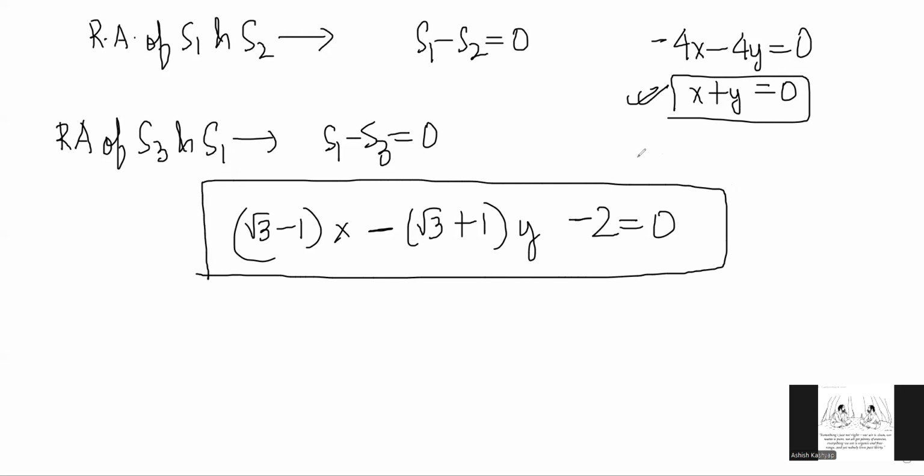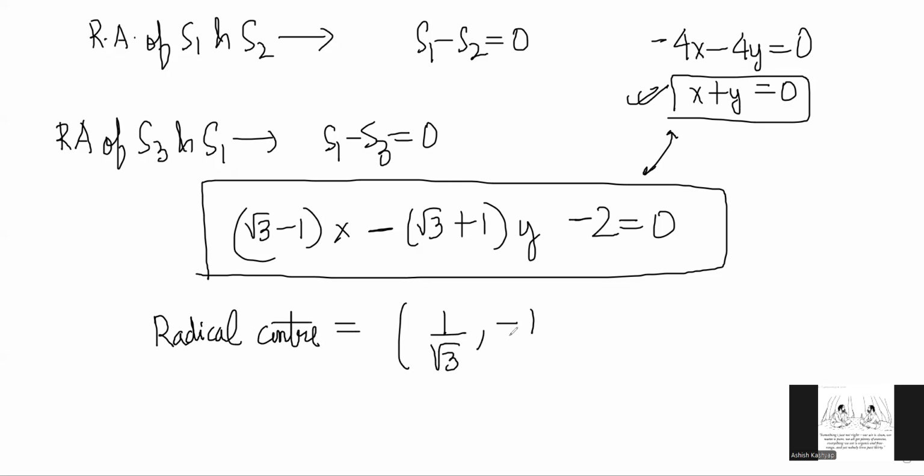All the three radical axes will be concurrent. And since they are concurrent, we can solve any two of them to find the intersection point. So if you solve those two, you will get the intersection point, which would be the radical center. And that comes out to be, again, the same thing that we got in the earlier approach.